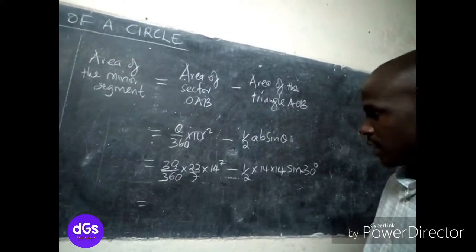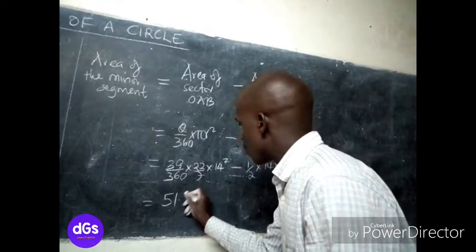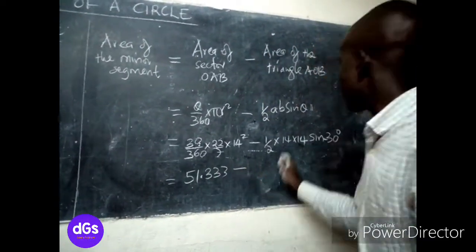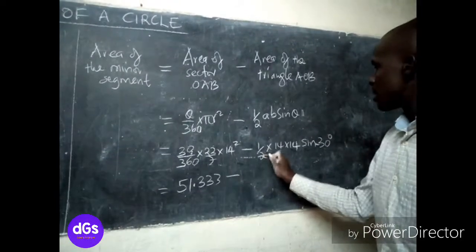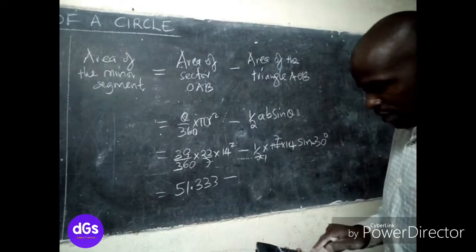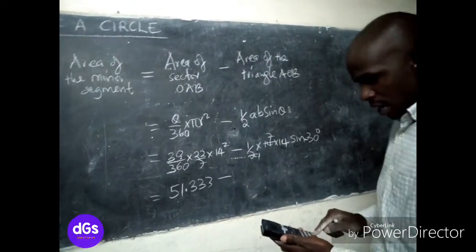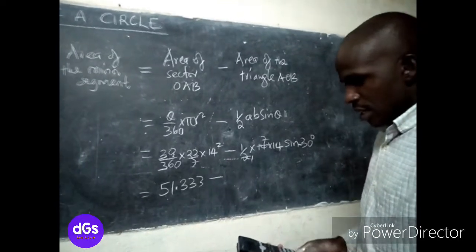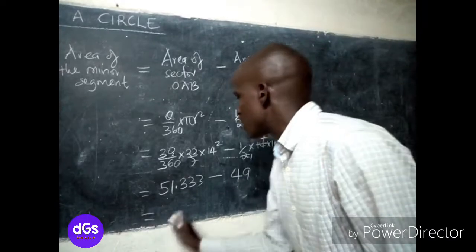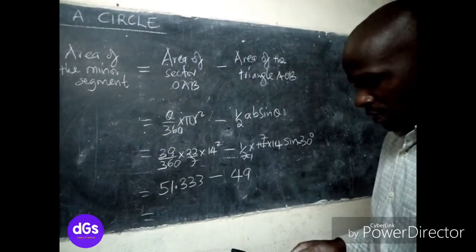This becomes 51.333 recurring, minus, now half of 14 is 7. So we can have 7 times 14 times sine 30 degrees. And this gives us 49.